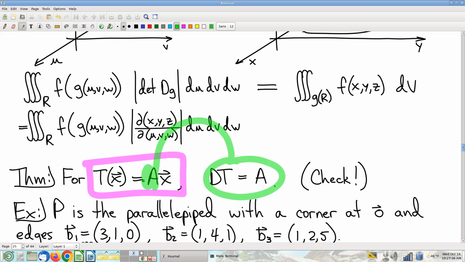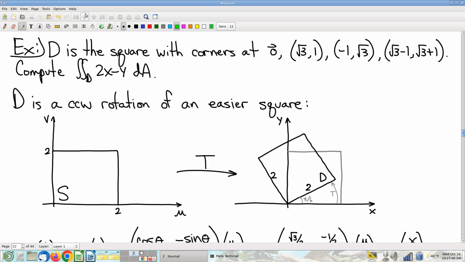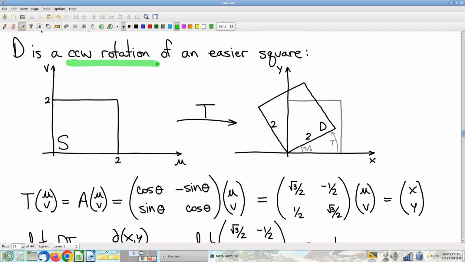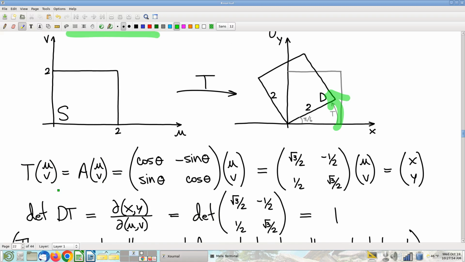But in fact, we've already seen an example of this a few pages back when we were talking about rotations, counterclockwise rotation. Right? We had this counterclockwise rotation here, T, that we wrote as a matrix. Right? And check it out.